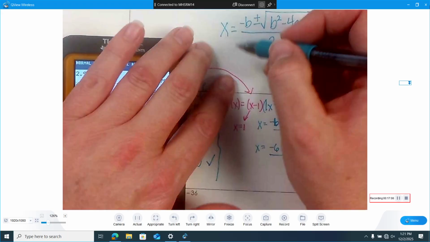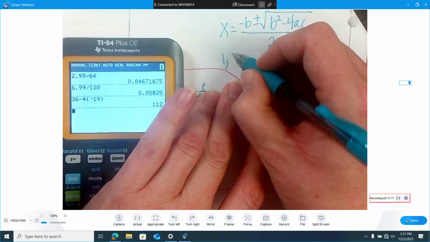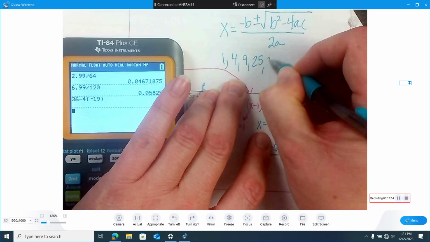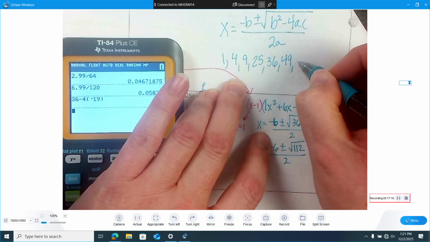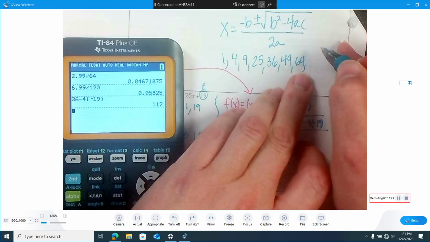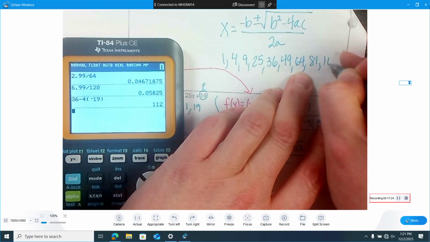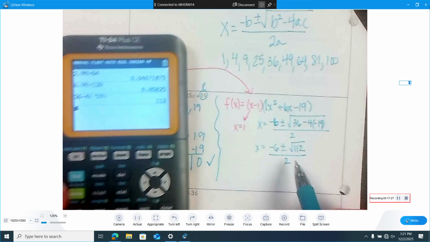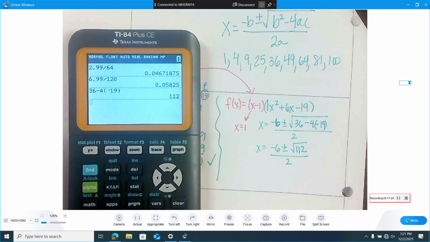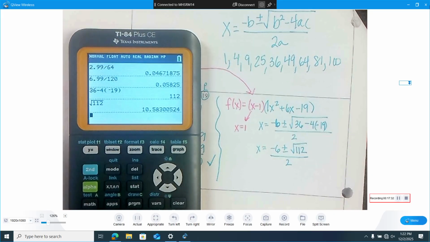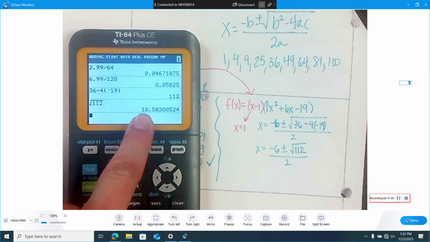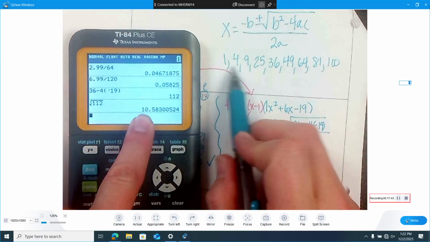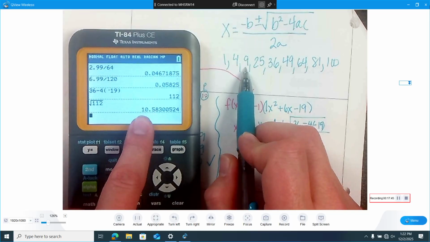So I don't know about you, but it's sometimes nice to have my list of perfect squares. 1, 4, 9, 25, 36, 49, 64, 81, and 100. Okay, that's probably enough. All right, so inside 112, if you take the square root of 112, and we learned this last year in geometry, all the factors of 112 have to be less than this. Okay, so we only need to check the perfect squares that are less than 10.